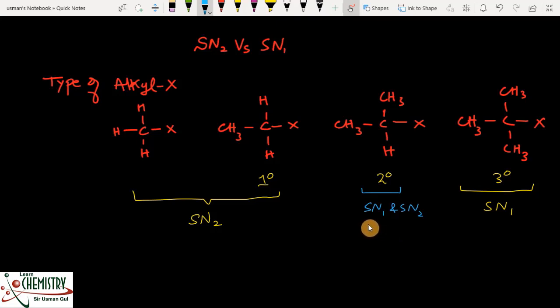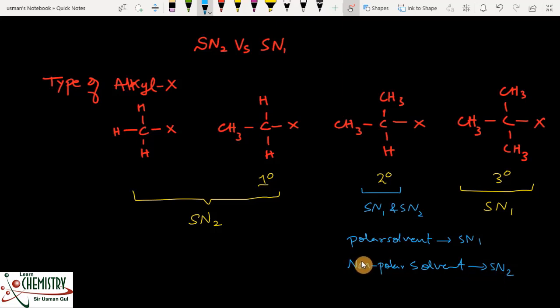If you use a polar solvent, then the secondary alkyl halide will give you SN1 reaction. But if you use a less polar or non-polar solvent, then they will give you the SN2 reaction mechanism.